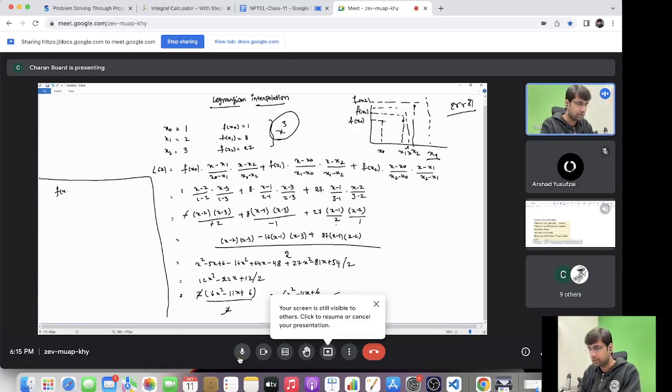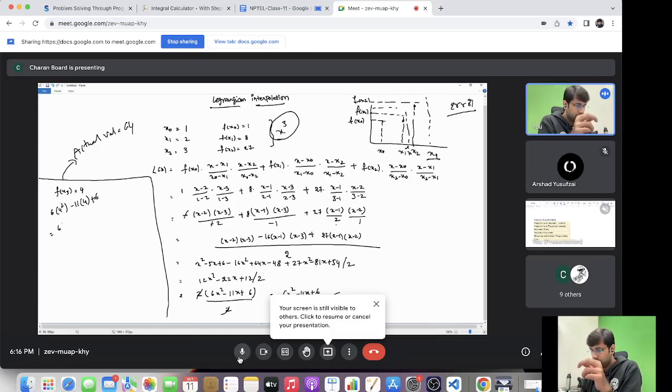So f of x3 equal to 4. Let us consider 4. We will try to fit. So the actual value is 64, right? So then we will try to fit it here. So 4 in 6 into 4 square minus 11 into 4 plus 6.